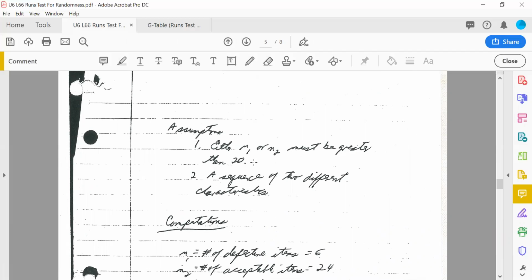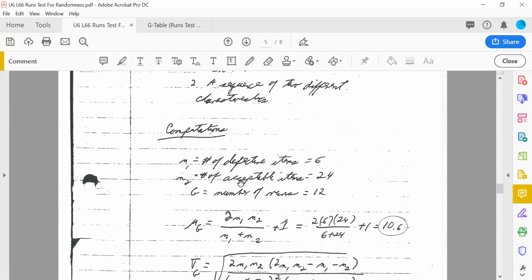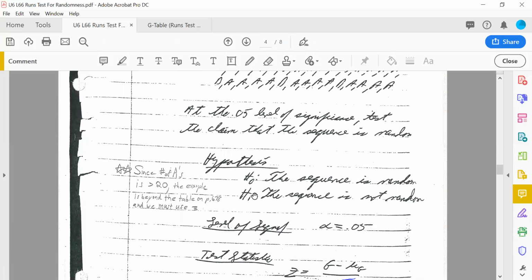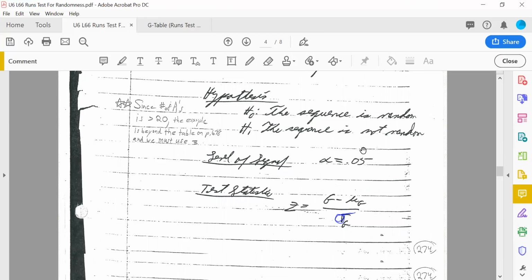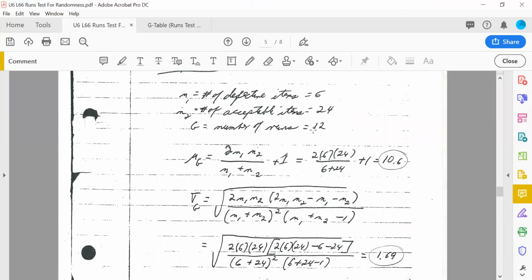And it's a sequence of 2 different characteristics. So N1 represents the number of defectives, that was only 6. N sub 2 represents the number of acceptable, that's 24. G is the number of runs, and if you count them, 1, 2, 3, 4, 5, 6, 7, 8, 9, 10, 11, and 12. There are indeed 12 runs.